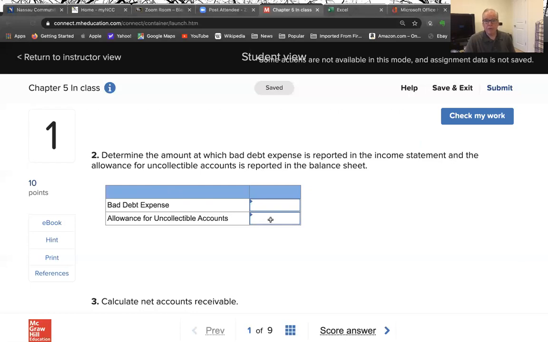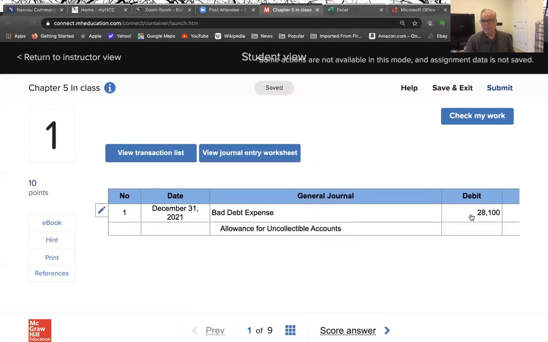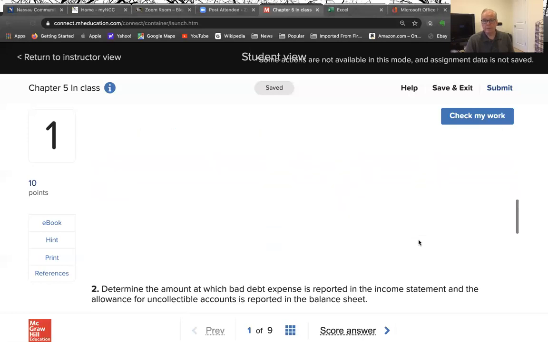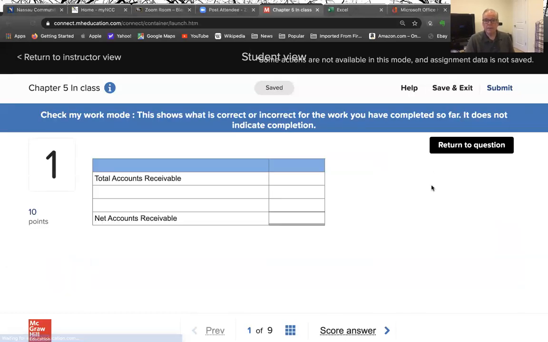Well, the amount of uncollectible accounts reported on the balance sheet is that 26,000. The bad debt expense, if you just go back and look at the entry, the debit to bad debt expense was 28,100. Check my work. Take advantage of that.